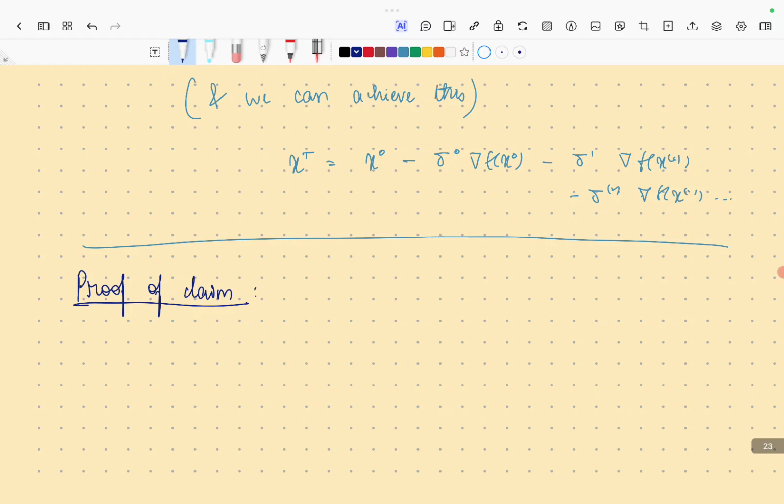So let's consider a general algorithm which takes the form xt plus 1 equals xt minus delta vt. So constant step size, but you can choose the directions any way you want.